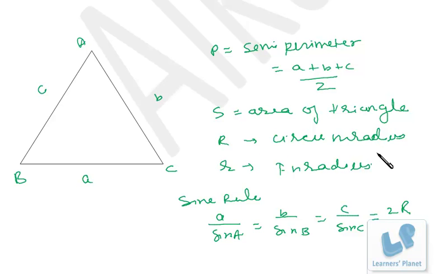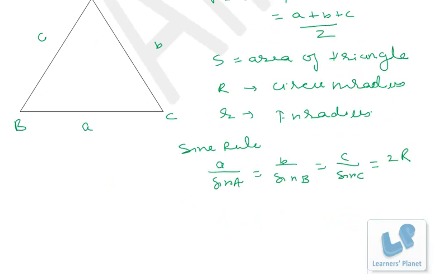That R is actually the circumradius, the radius of the circumcircle precisely. Okay, and this is the sine rule, and similarly we have the cosine rule. So what is the cosine rule?